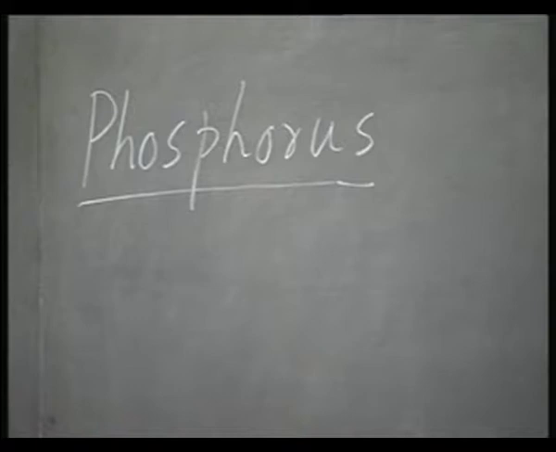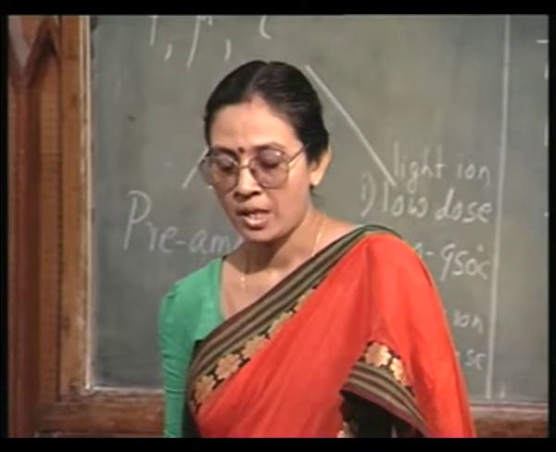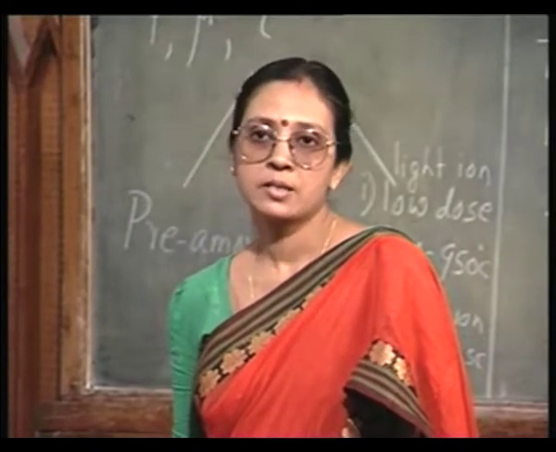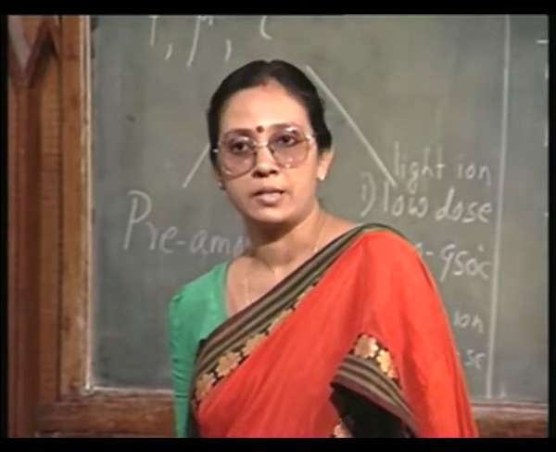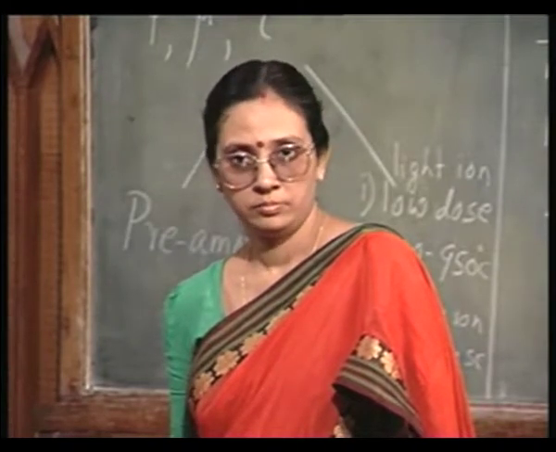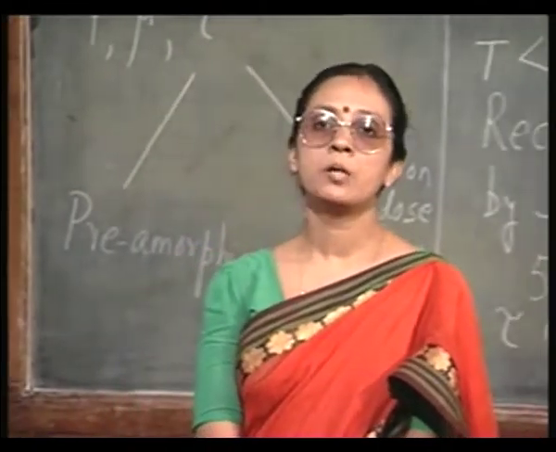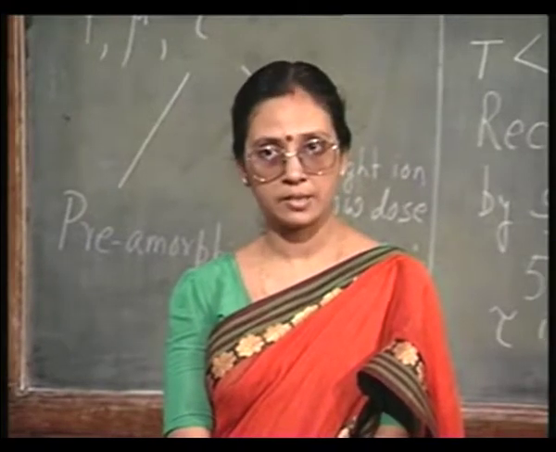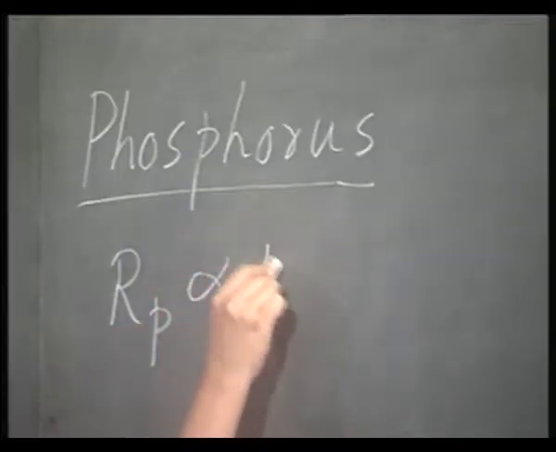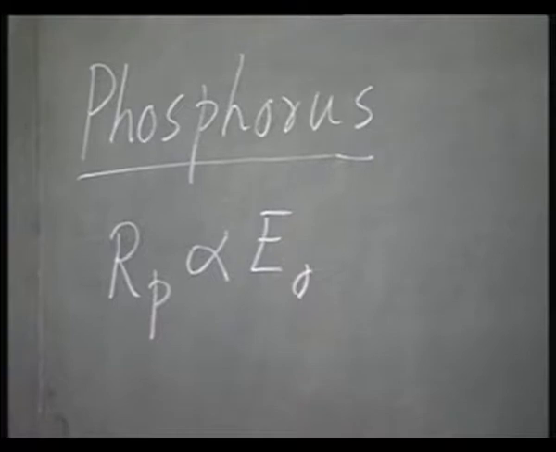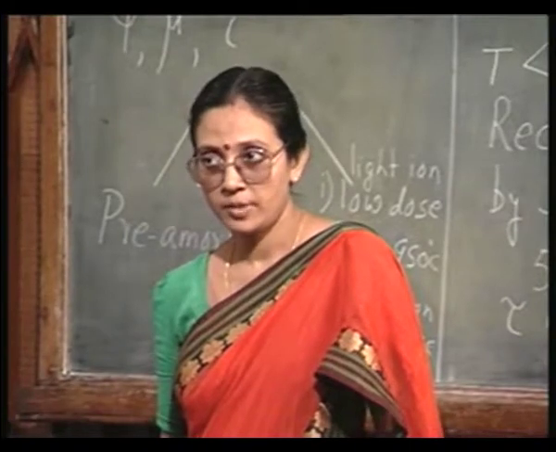Phosphorus is a relatively heavy ion. Okay. So, it loses its energy primarily by the nuclear stopping mechanism. And you know, therefore, the projected range should be proportional to the incident energy. Remember, for nuclear stopping, Rp is proportional to the incident energy, for electronic stopping it is proportional to the square root of the incident energy, right.